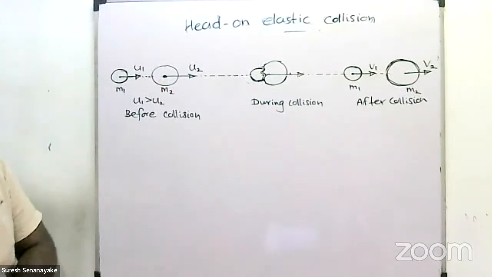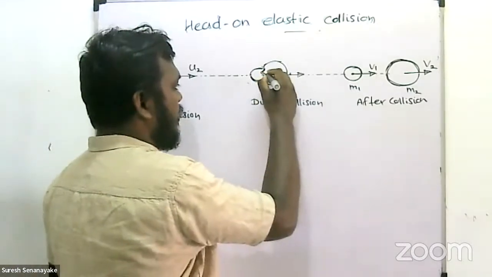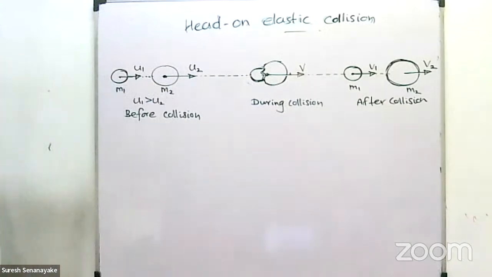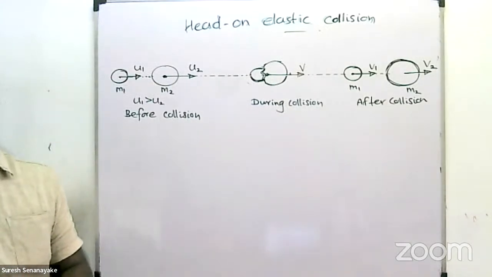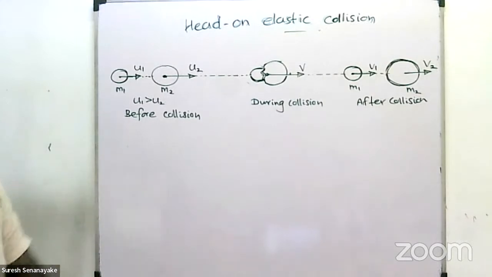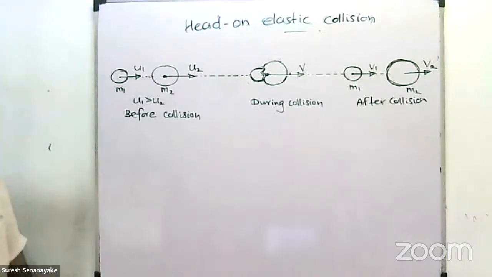And during the collision, both bodies, as we discussed last week, are moving with the same velocity, so let's mark the center of gravity somewhere here. Then we are going to discuss how to apply these conservation laws.